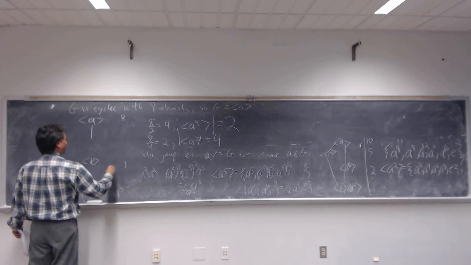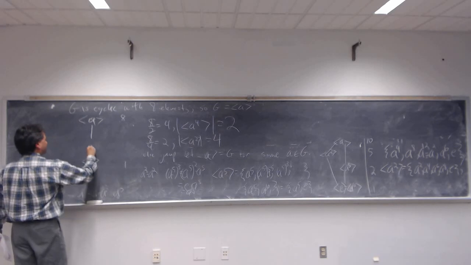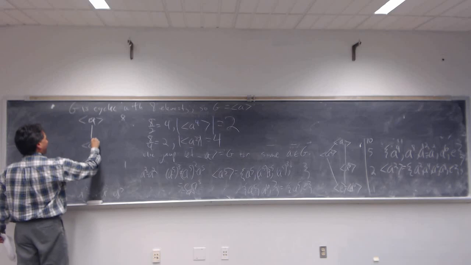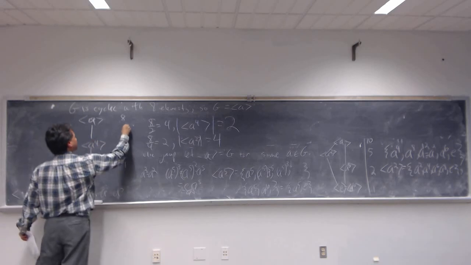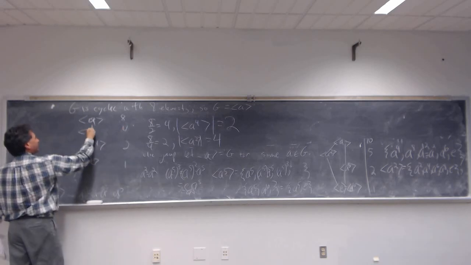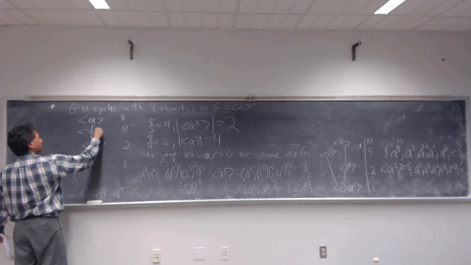That's the identity with one element. We would put an A to the 4th here, that has 2 elements. And in between here, we have an A squared.